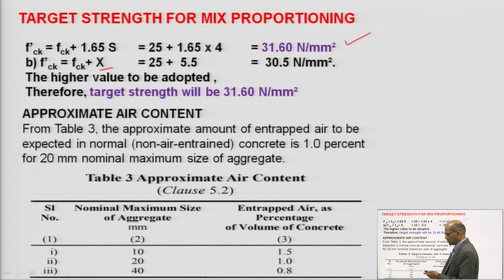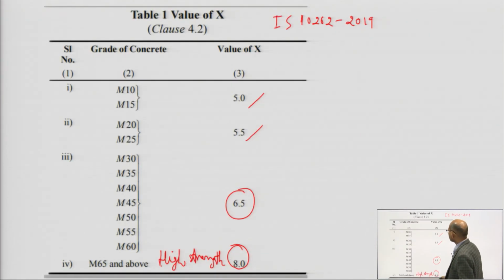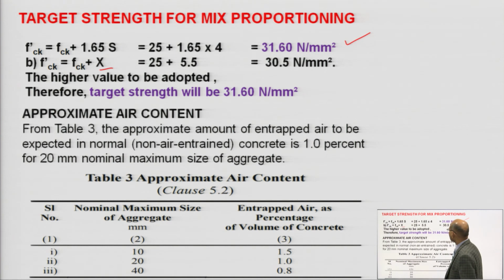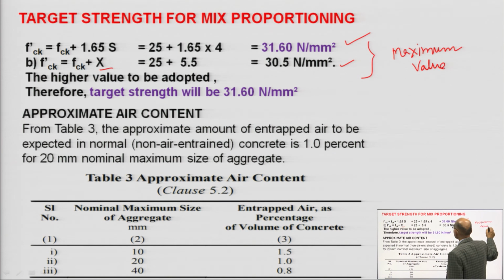From Table 1, the X value for this one is 5.5 Newton per mm square. This data you take from this table, and here it is coming 30.5. Out of these, whichever has the maximum value, you have to take the maximum value. So, our mean target strength will be 31.60.